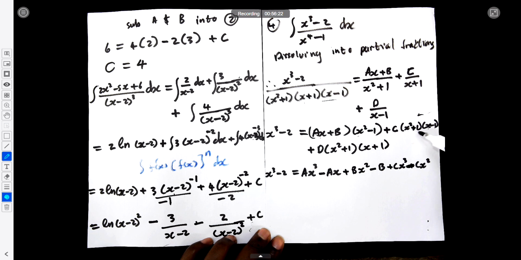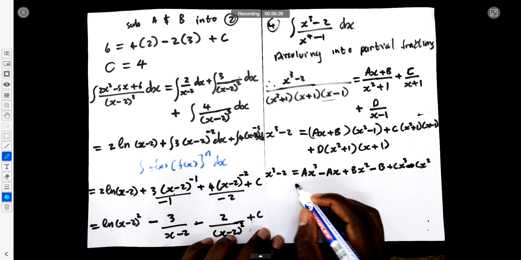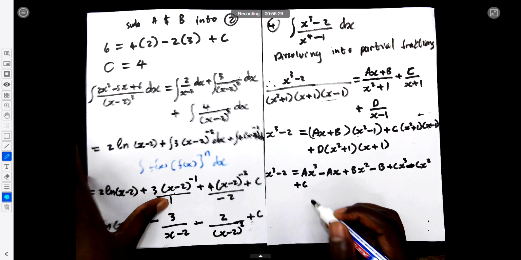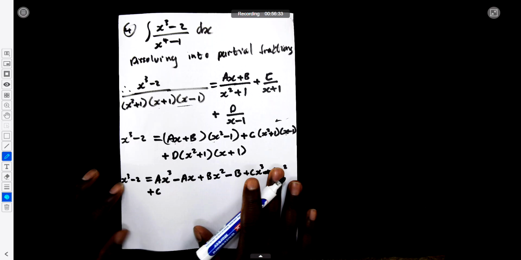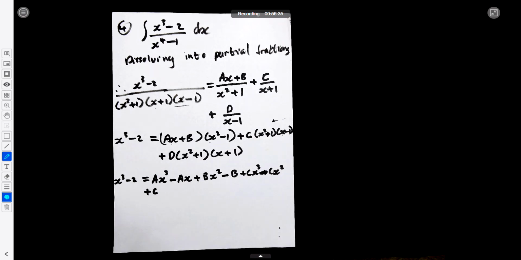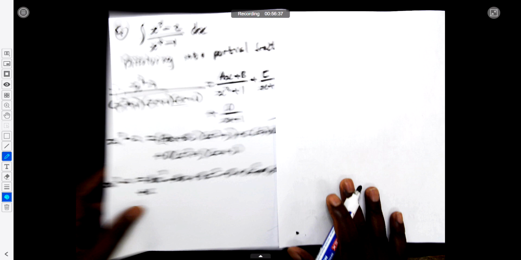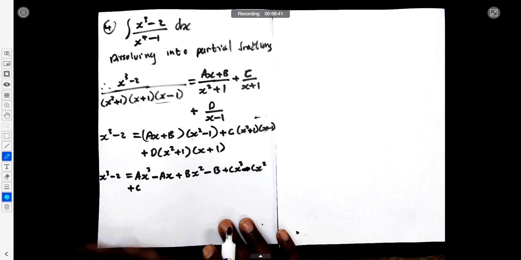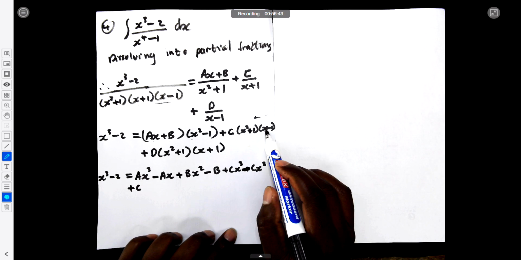Right, so let's go to the 1 times x. It's x, then times c. We have plus cx. So carrying over, we are done multiplying by 1 times x.